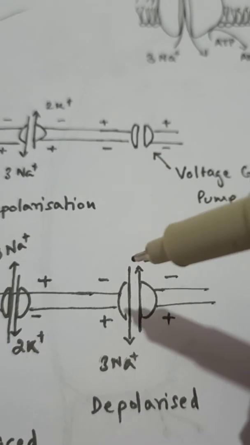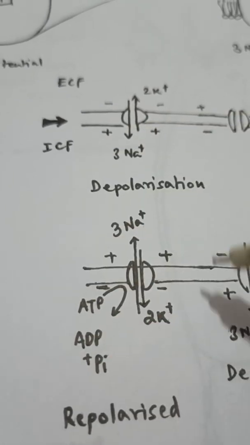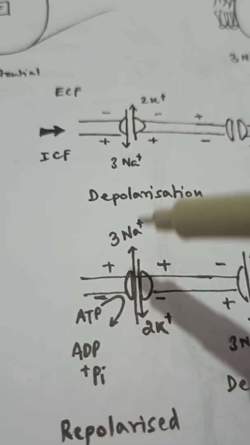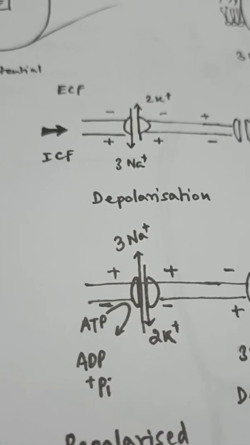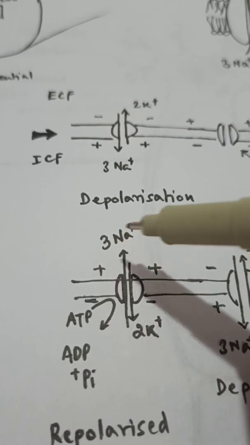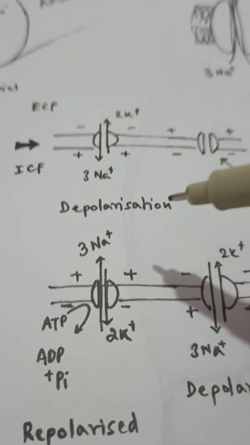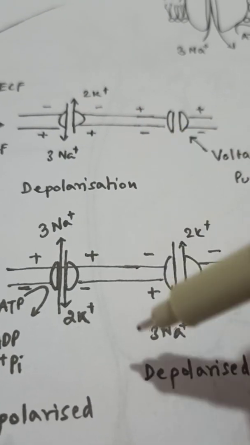So when that depolarization is taking place, with the expense of ATP the previous one will bring itself back to the normal state, repolarized back to the previous charge, meaning outside positive, inside negative. So we can see the depolarization has moved one unit forward.